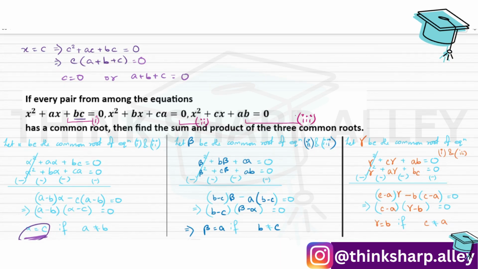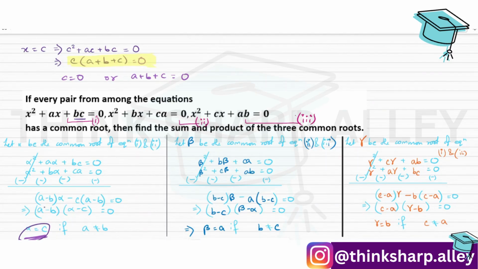So this is an extra condition. Our first method gives a necessary condition for a common root. Any common root must be c. But for that root to actually exist, parameters must satisfy this condition. So if this condition is not true, then there is no common root for that pair at all. So our starting assumption doesn't hold for those a, b and c.